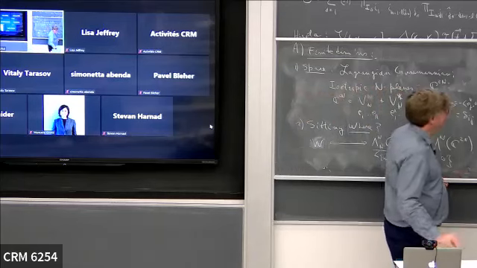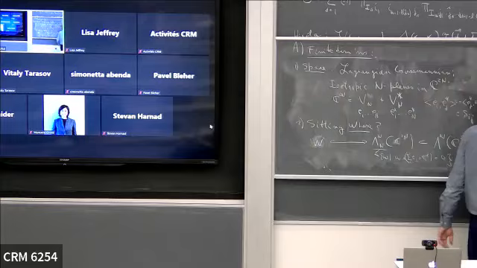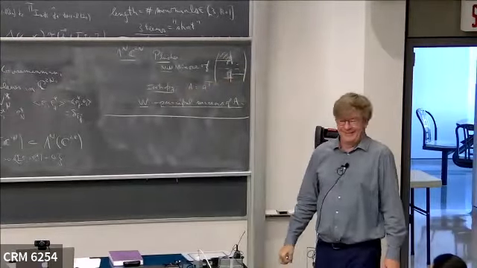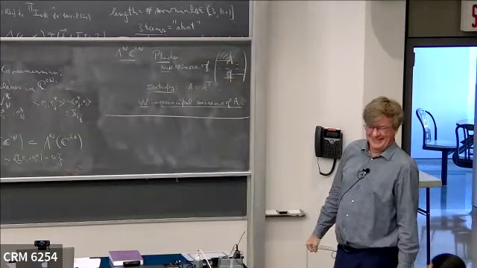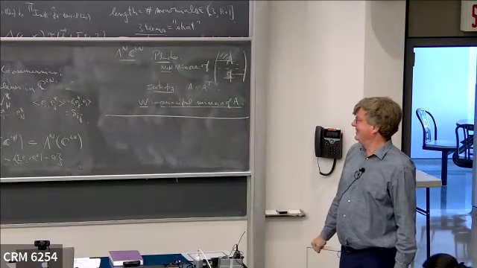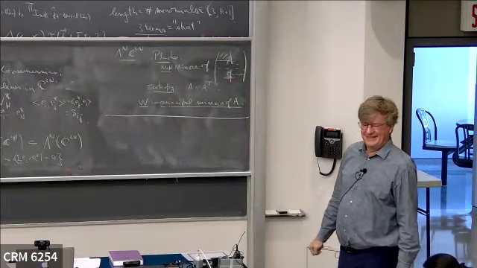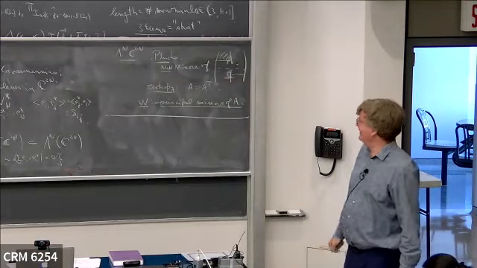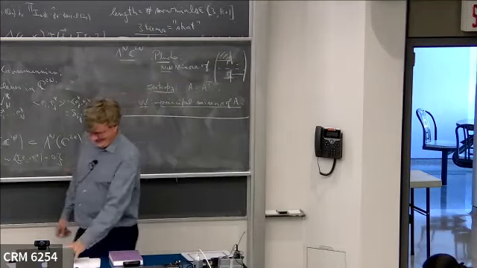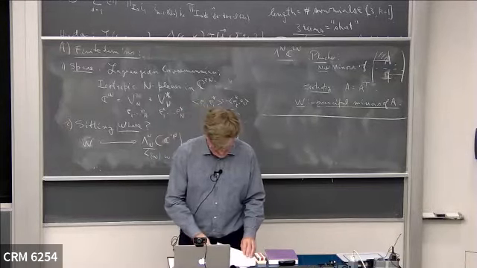Okay. Maybe I could add a comment which would help those who are following. What Jacques is picking out as W is the subspace of that irreducible bundle which, in a suitably ordered basis, corresponds to symmetric partitions.